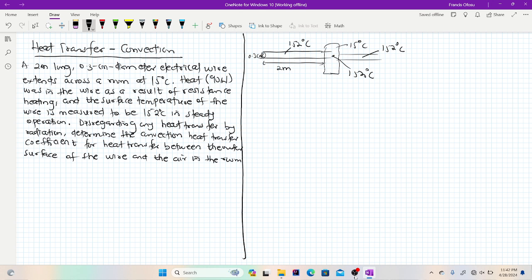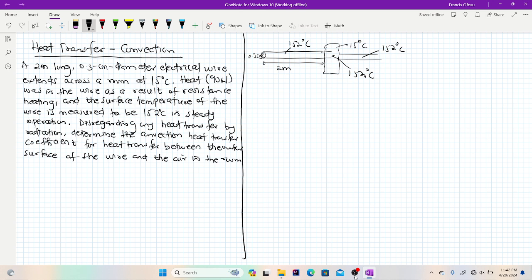The question asks that, disregarding any heat transfer by radiation, determine the convection heat transfer coefficient for heat transfer between the outer surface of the wire and the air in the room. So the wire extends across the room and has a temperature of 152 degrees Celsius, and the room has a temperature of 15 degrees Celsius.